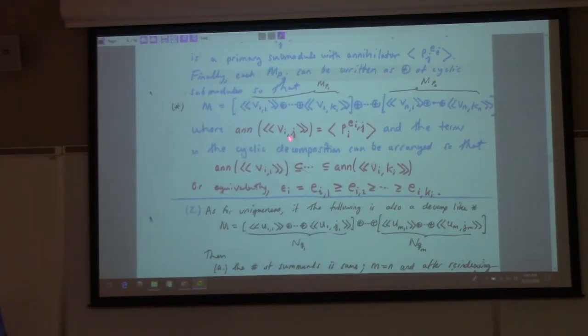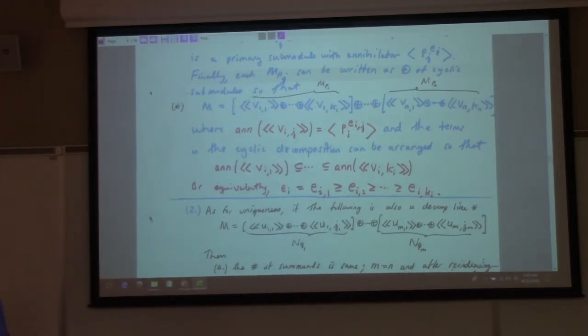But let's see here. This V11 would be annihilated by p1 to the e11, right?